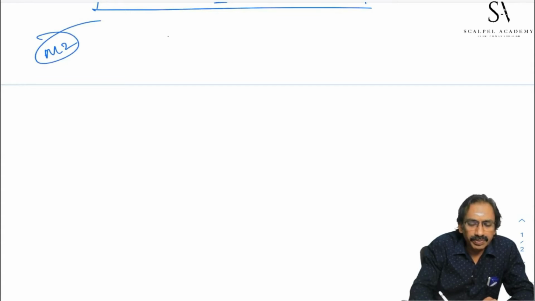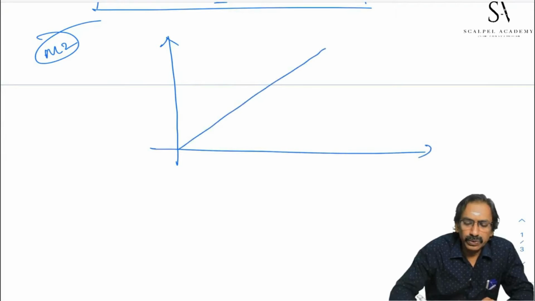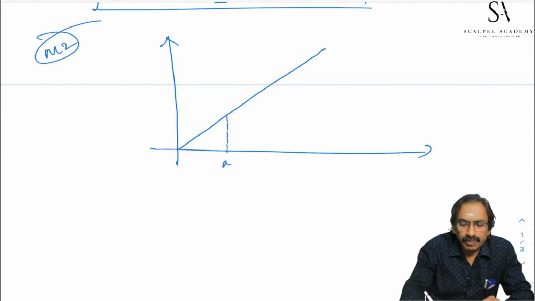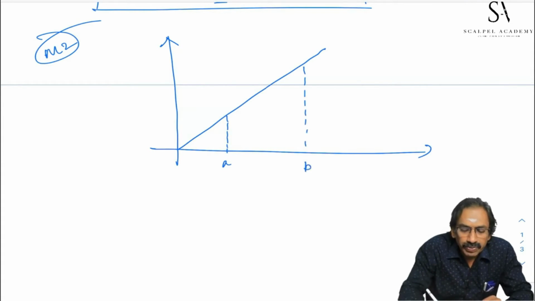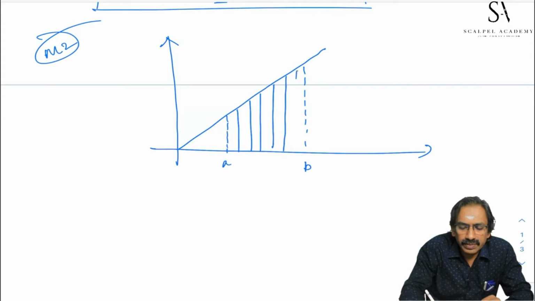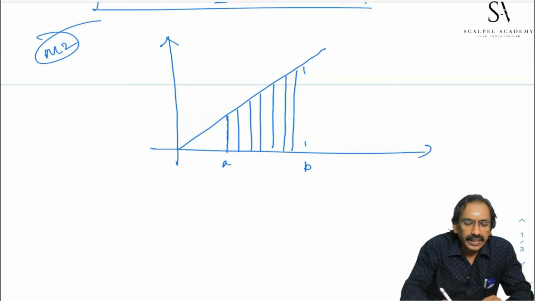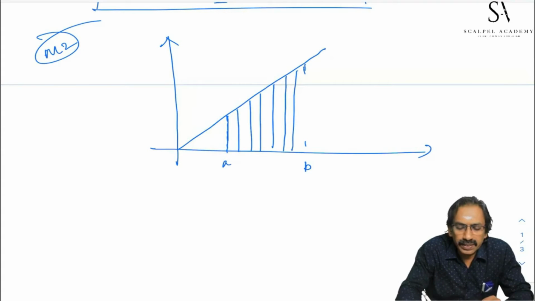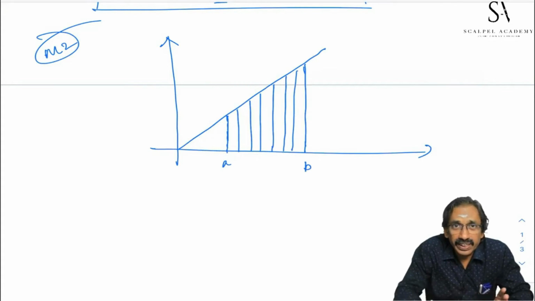Let us divide this area into n, capital N, number of elements. This is A, x1 is equal to A, x2 is equal to B. I am dividing into a number of small elements. Each element looks like a trapezium. Here the trapezium is the sum of one rectangle and a triangle.